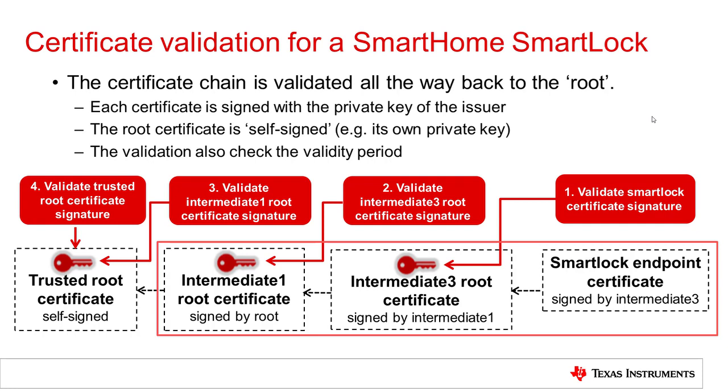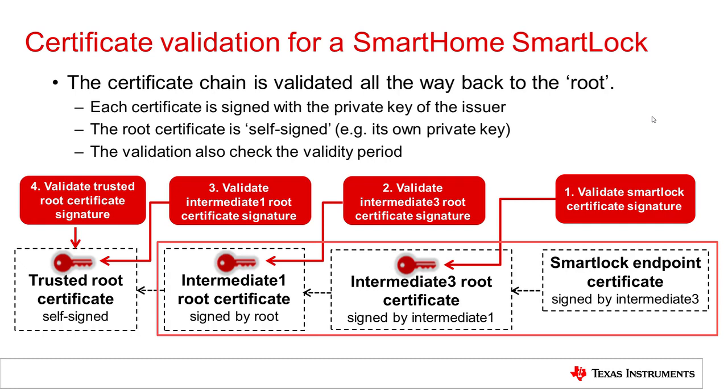So in fact, the endpoint certificate plus the intermediate 3 root certificate and the intermediate 1 root certificate are all passed up to the server. At that point, the server now has the complete chain with the exception of the trusted root certificate, and it can start moving up the chain, validating that each certificate was issued by the one above it in the chain.